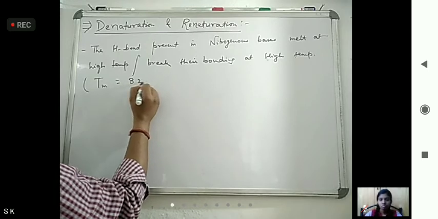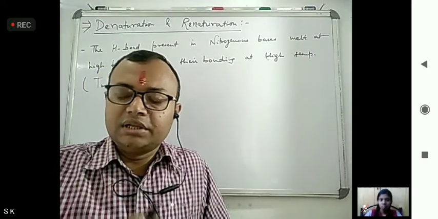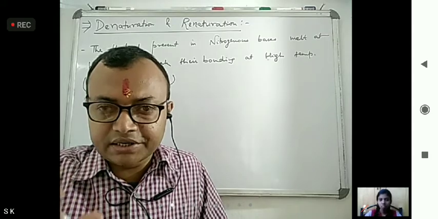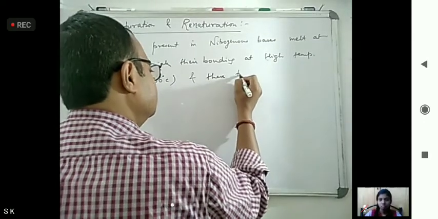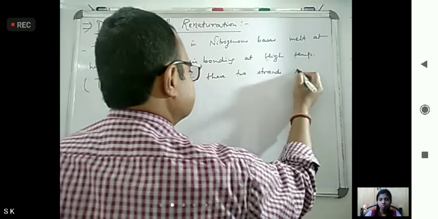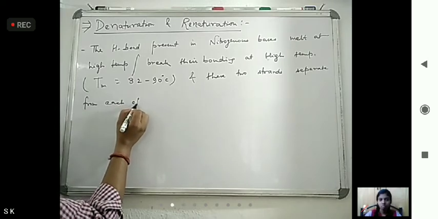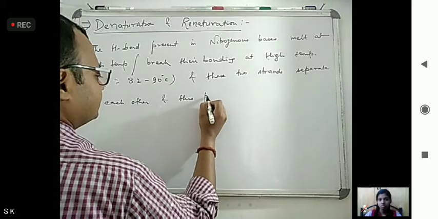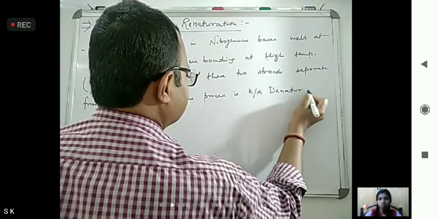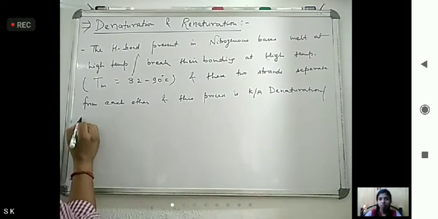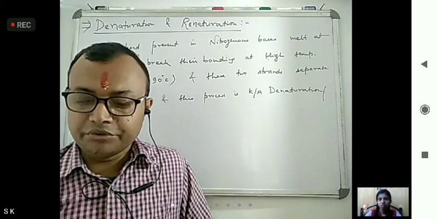Tm means melting temperature, 82 to 90 degrees centigrade. And these two strands of DNA separate from each other, and this process is known as denaturation or melting, when the temperature is very high.